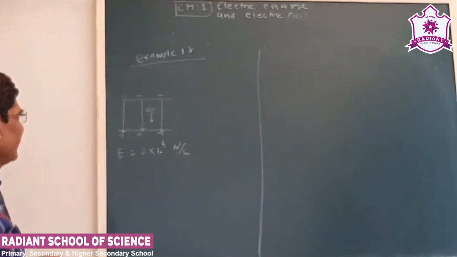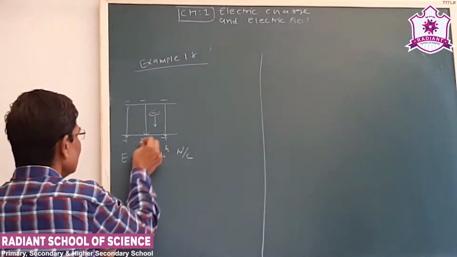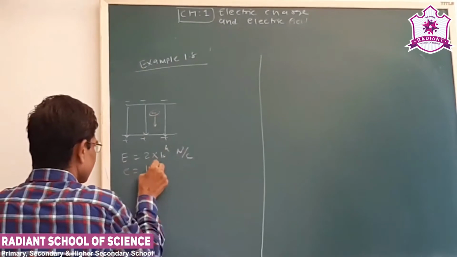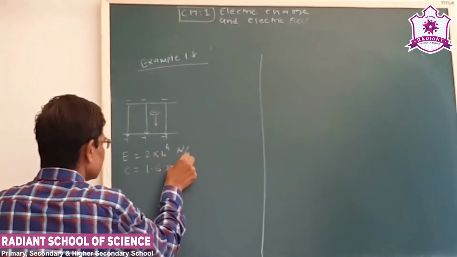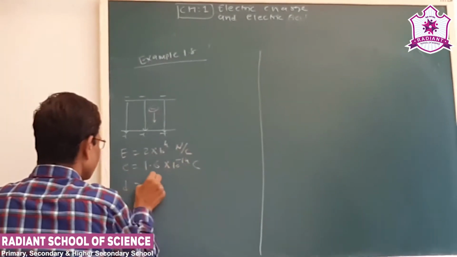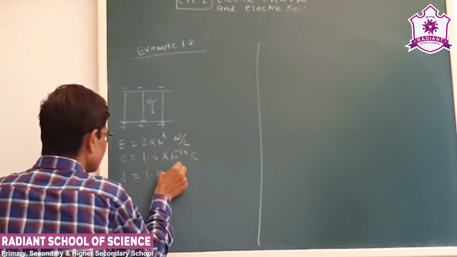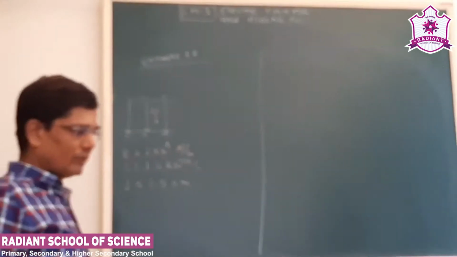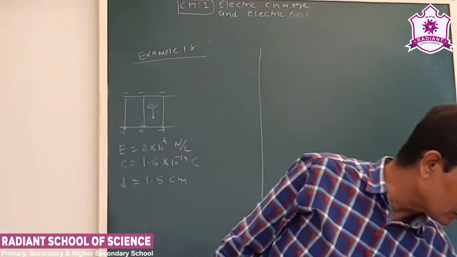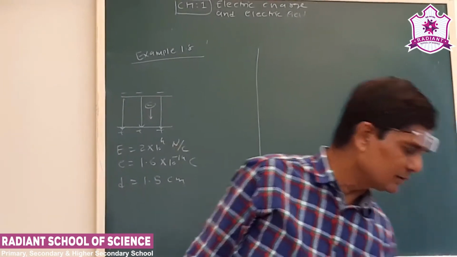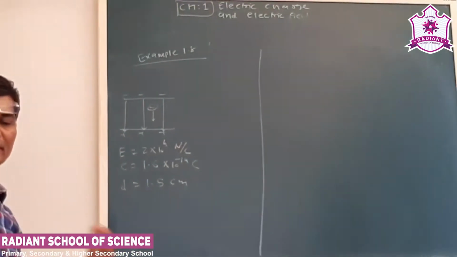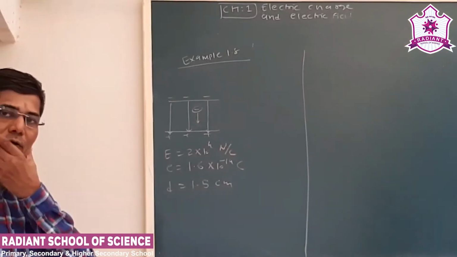The electron covers a distance of 1.5 centimeter in this uniform electric field. We have to find the time taken to cover this distance. The same thing we have to find out for the proton also.